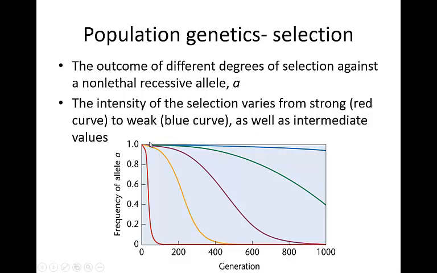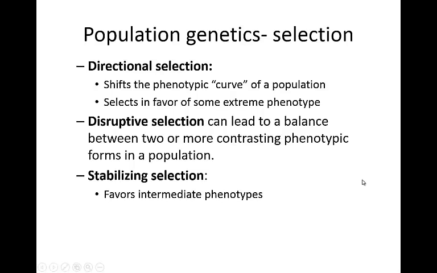Versus if there's a weak degree of selection against it, after even 1,000 generations, it might drop off a little bit, but you're not going to see a huge selective pressure against it. And then these are some intermediate values: somewhat strong selection against it, medium strong, somewhat weak. So there are different types of selection.